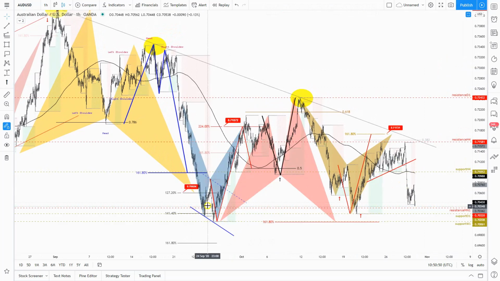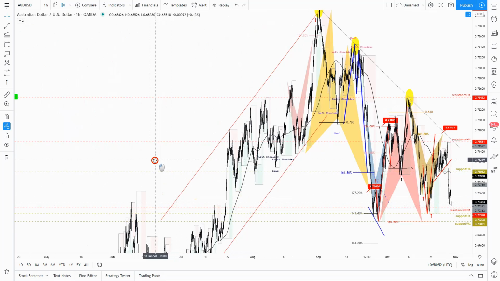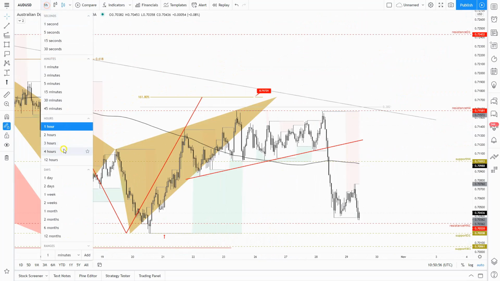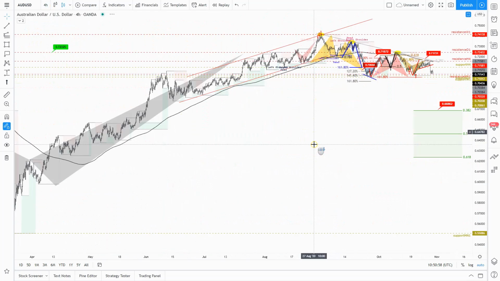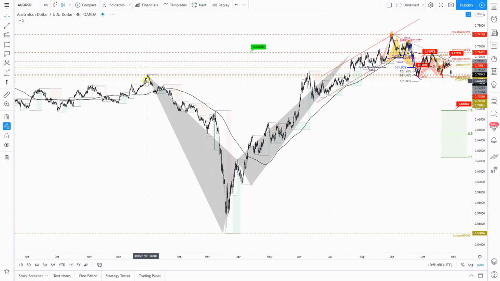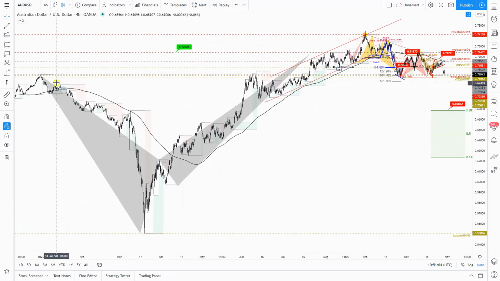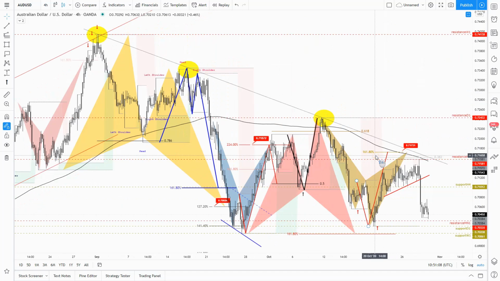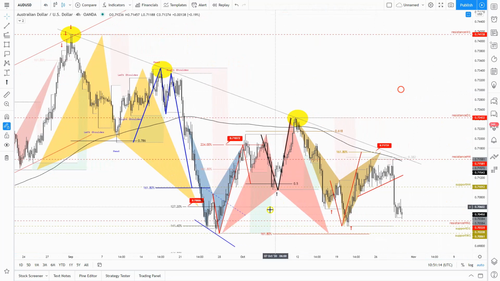So as we can see, this is a monthly fractal from December, if I'm not wrong. Let me try to see that on a higher time frame. That is from exactly the last day of last year, 31 December. So this is the monthly fractal resistance acting as a strong support, as we can see.